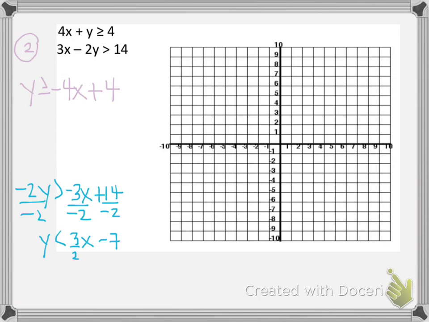Okay, so now let's plot each one of these. So y is greater than or equal to negative 4x plus 4. So my y-intercept is going to be at 4.